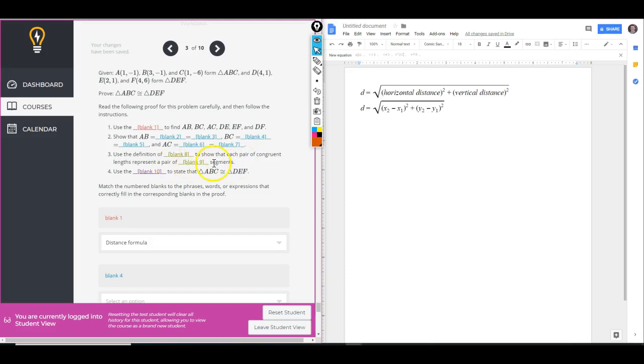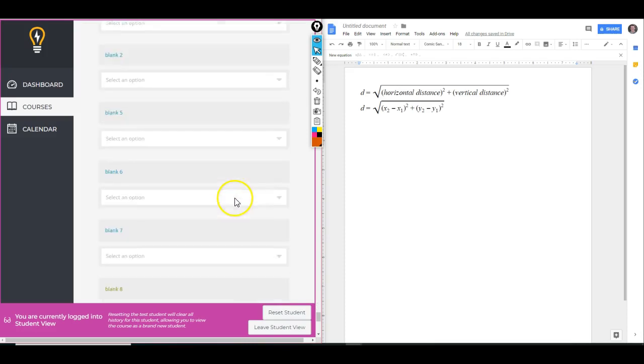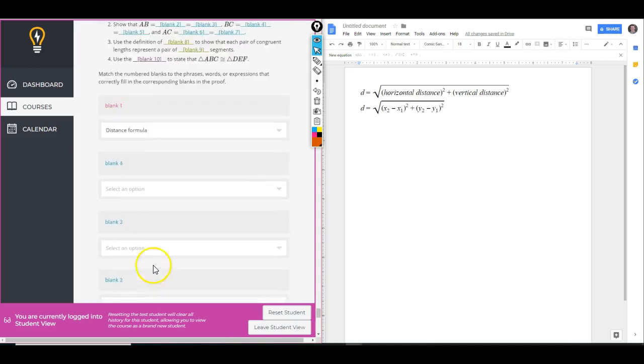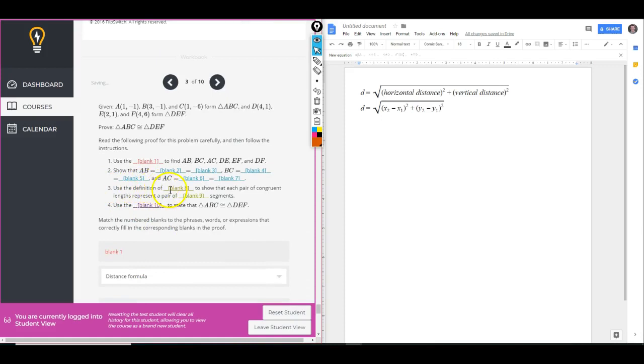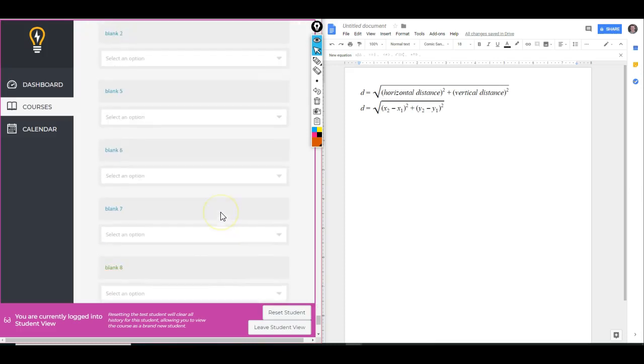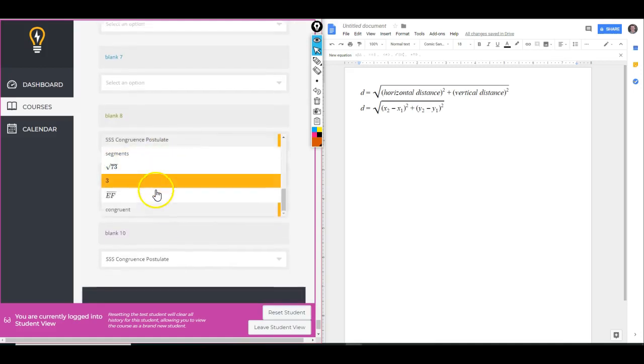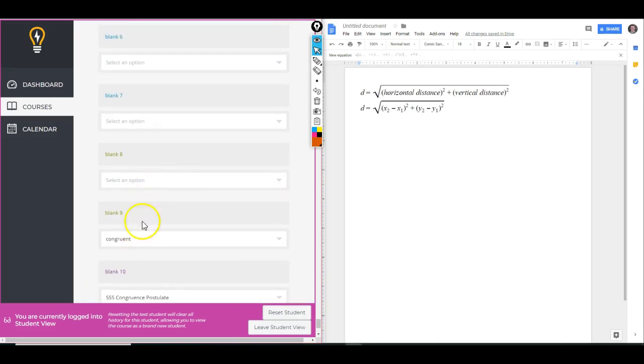Well, pair of congruent segments sounds correct, so blank 9 is congruent. And for the definition, we are going to be using congruence.